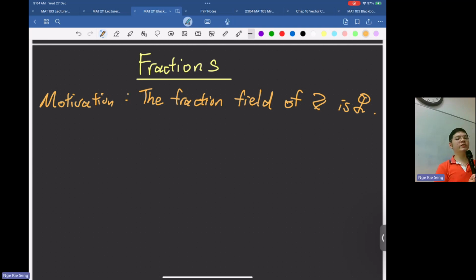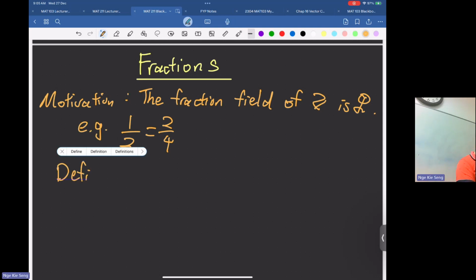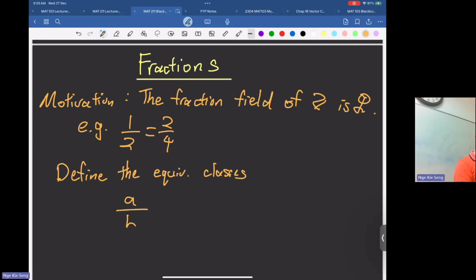So how do we introduce a fraction field in Z actually? You will see that actually 1/2 equals 2/4. Why so? Because we will define the equivalence classes: A over B equals C over D if AD equals BC.